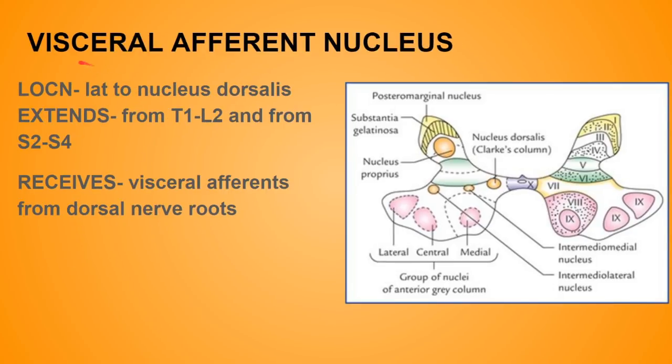Now the visceral afferent nucleus. In this diagram it is not shown, but it is present somewhere over here, located lateral to the nucleus dorsalis. It extends from T1 to L2 and from S2 to S4 and receives visceral afferents from the dorsal nerve roots.